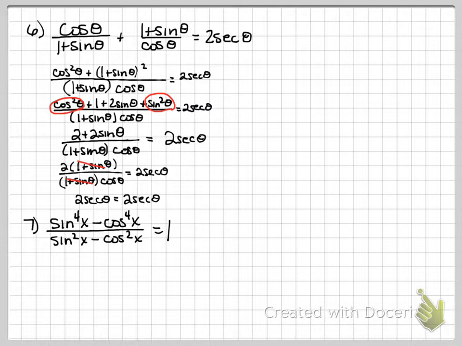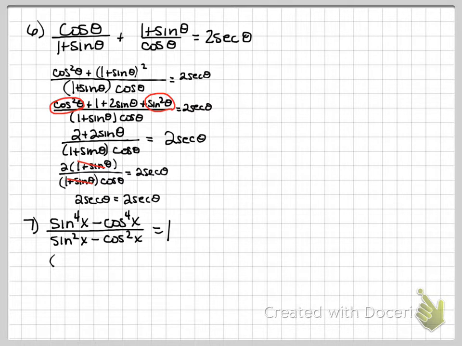All right, last one for today. Sine to the 4th x minus cosine to the 4th x over sine squared x minus cosine squared x. Now, sine squared x minus cosine squared x is not our identity, so we cannot just substitute a 1 there. Well, if I remember, on the top I have a difference of squares. I can break down sine to the fourth x as sine squared x and another sine squared x.